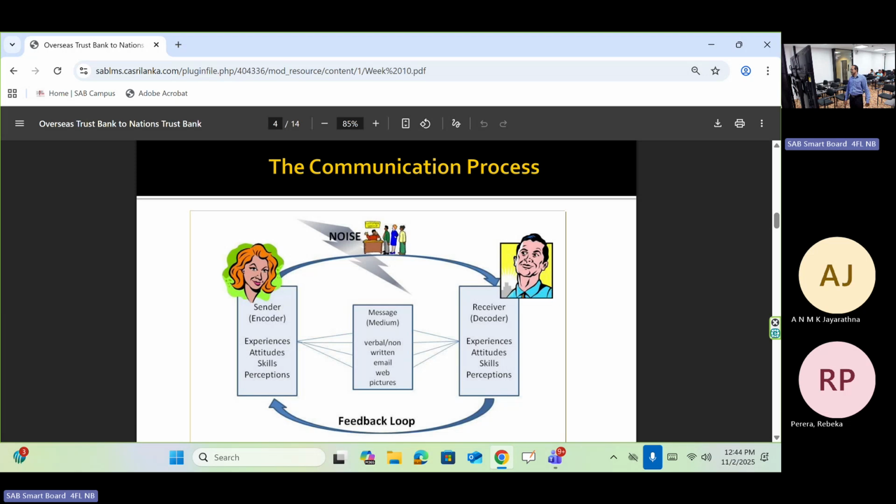Use different channels, have the feedback. If we look at the model also, we can propose it. Right. Any other questions about the second point, communication process and model? It's a common one, applicable to any communication type. Common model.